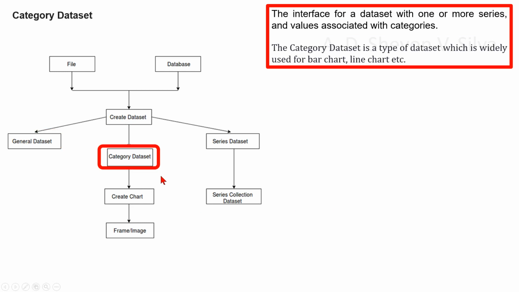Now we are focusing on category dataset. The interface for a dataset with one or more series and values associated with categories.